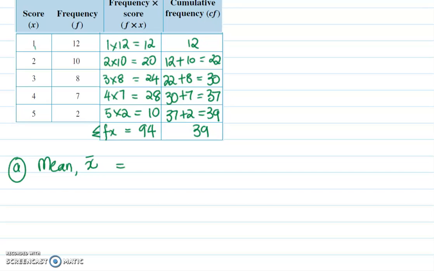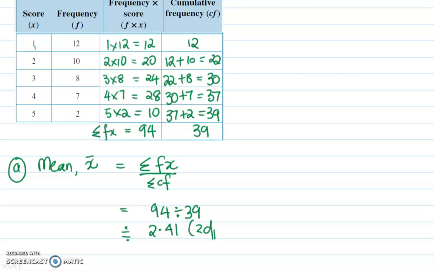Basically, it's the sum of your frequency score, which is fx, divided by the sum of your cumulative frequency, which means it's 94 divided by 39. If you evaluate that, it gives us a value of approximately 2.41, rounded to 2 decimal places. So the score of 2.41, which is somewhere between 2 and 3, that's our mean.